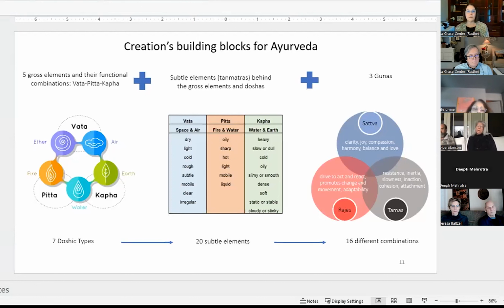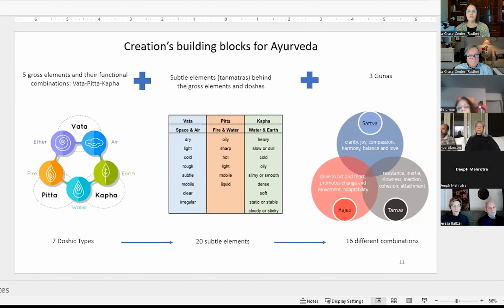To that, in the subtle realm, we have these Tanmatras, and they're behind the gross elements and doshas. And there are 20 subtle elements that Ayurveda uses. These are actually more critical than the doshas, believe it or not, because these are supporting. These are, if you will, forming in the subtle realm the doshas that are going to manifest physically.